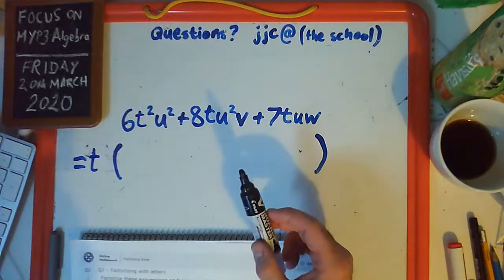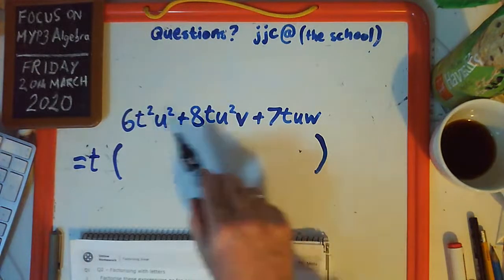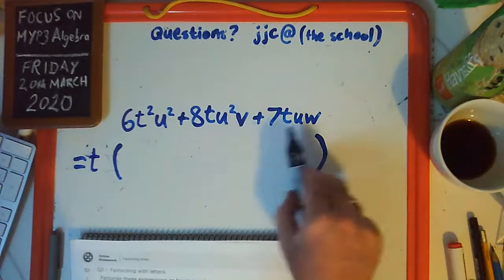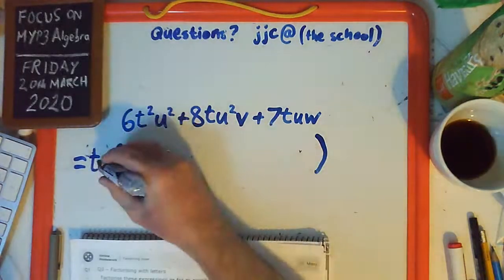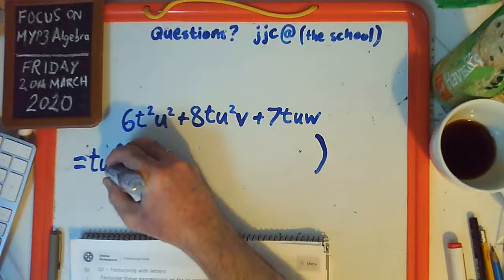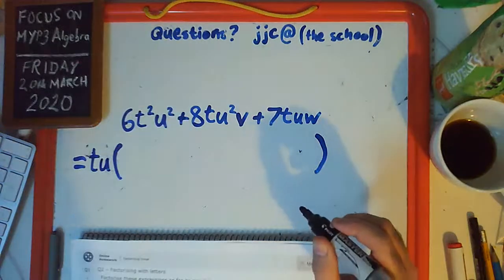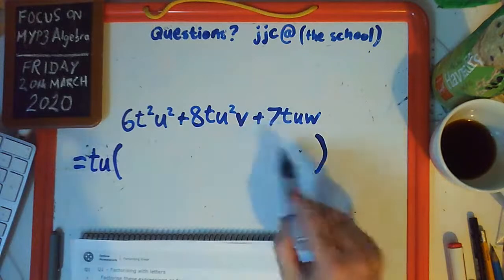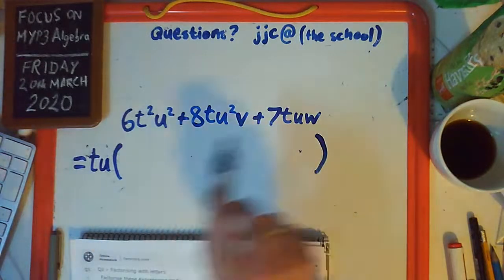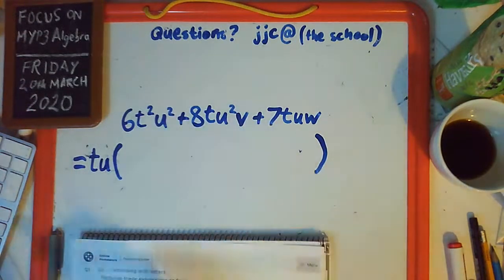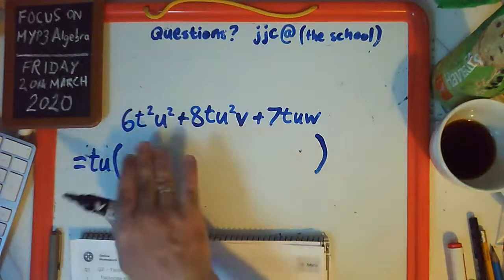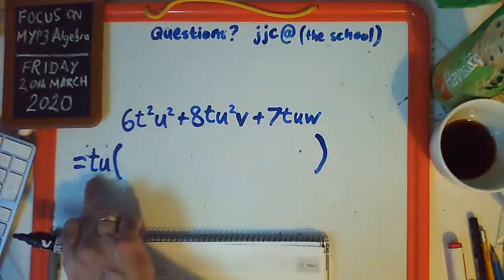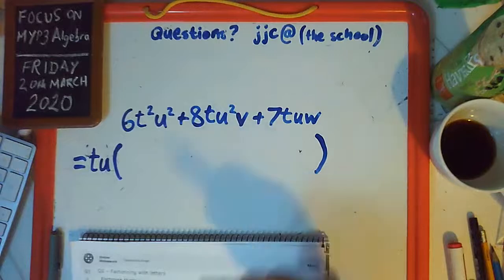They've all got at least a u in them. So that's got a u squared, that's got a u squared, and that's got a u. So I can take a u outside the brackets. Some of them have got v's and w's, but not all of them. So the biggest thing that all of these can be divided by is tu, t times u.